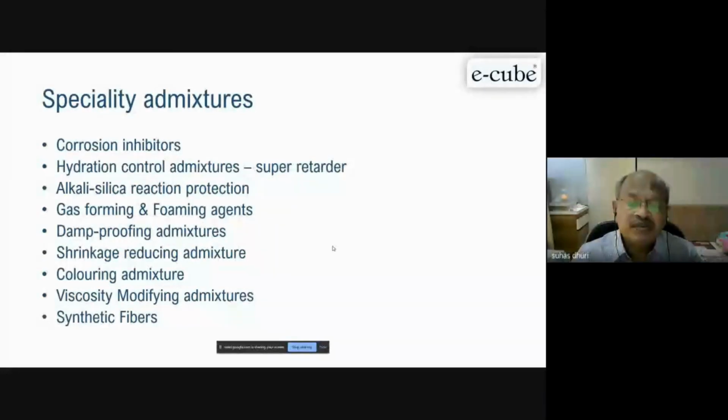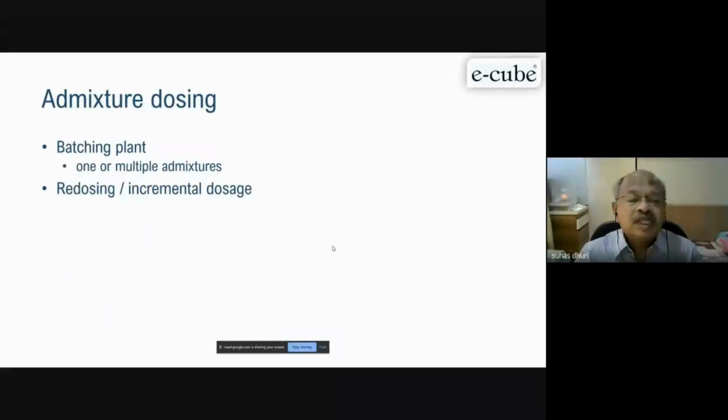Today we have synthetic fiber also. You can take the advantage of this with different applications. Depending on application demands, we can use those fibers. Now, for all these admixtures, how to dose them is a very big issue. So in most of the batching plants, we have an auto system to dose the admixture into the concrete.